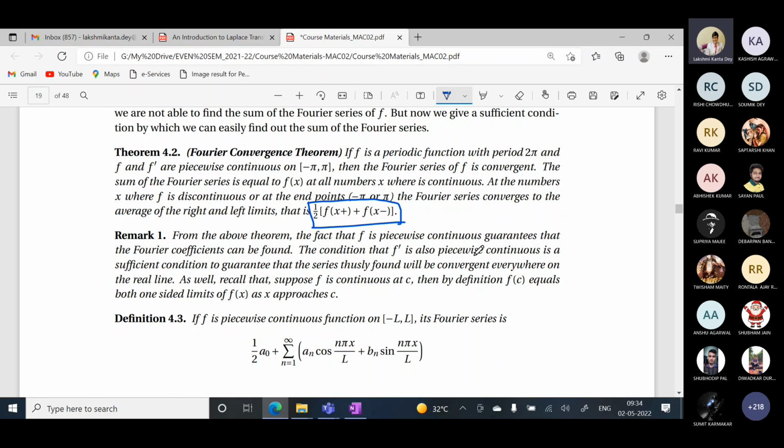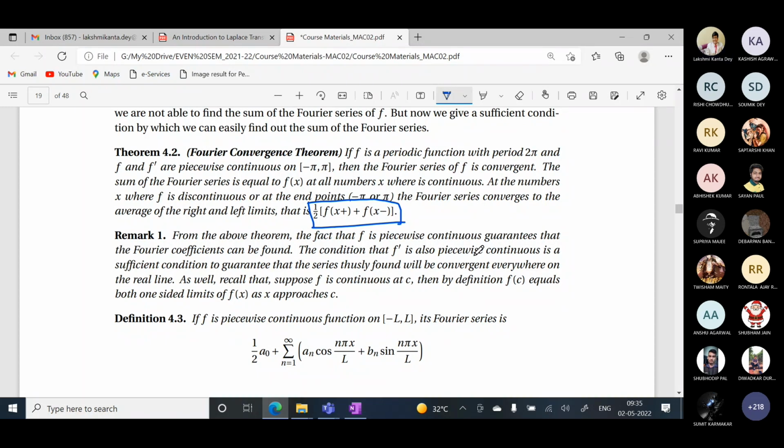The other condition is that f' is also piecewise continuous. Smooth means continuously differentiable, as I told you. If this is also piecewise continuous, it is a sufficient condition to guarantee that the series thus found will be convergent everywhere on the real line. Understand? So it has two parts.